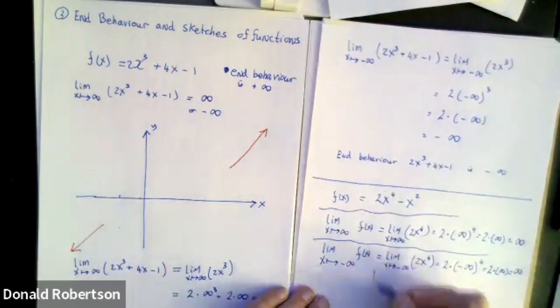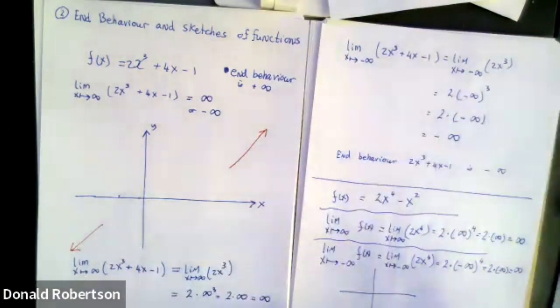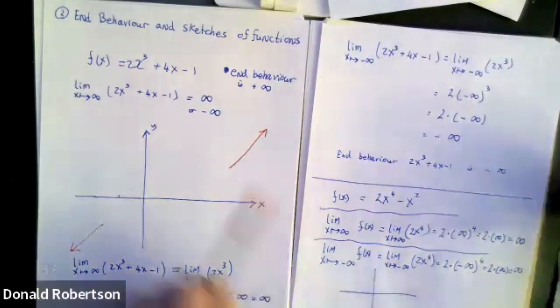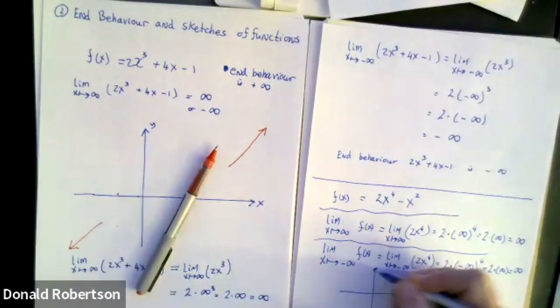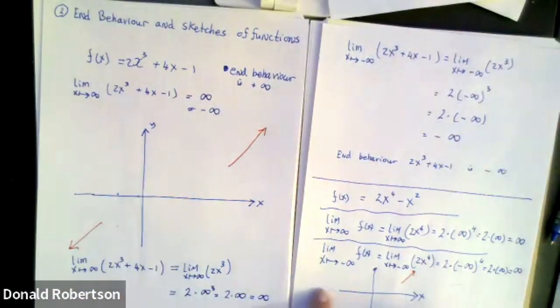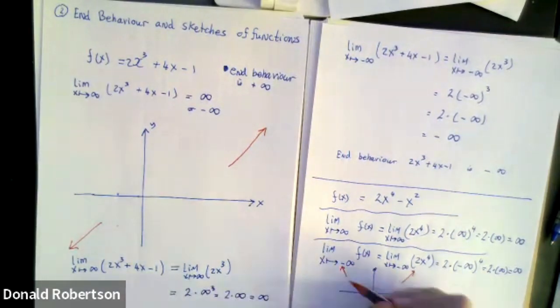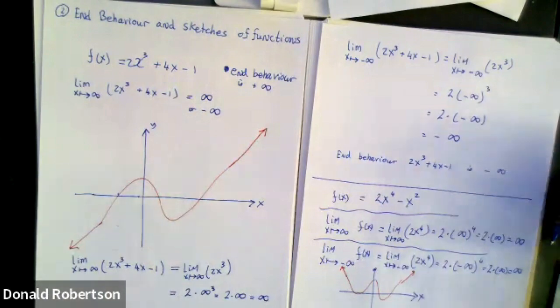That means that this function, this polynomial, if you do very big values of x, the extreme values of x this way, the answer is plus infinity. But if you do very big values but negative, it goes like that. So this function does like that. So it probably ends up looking like that.